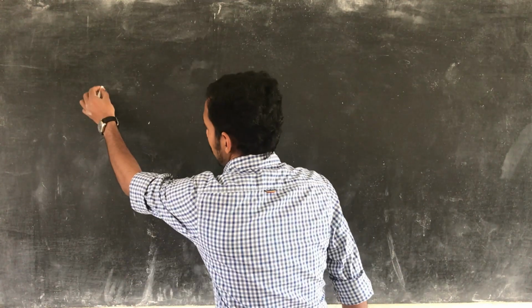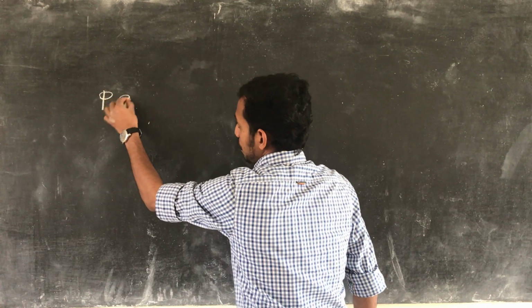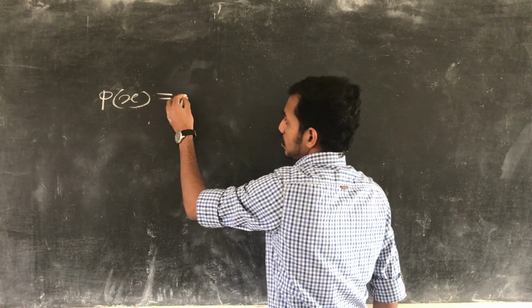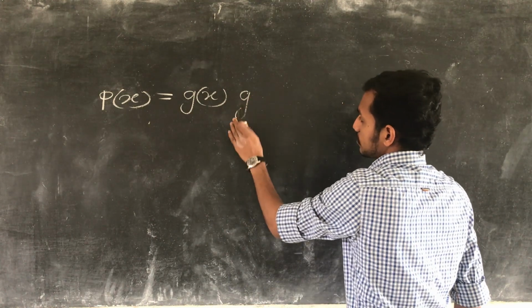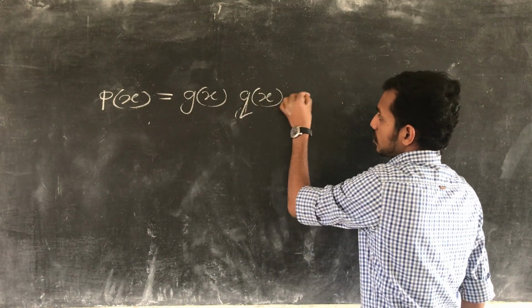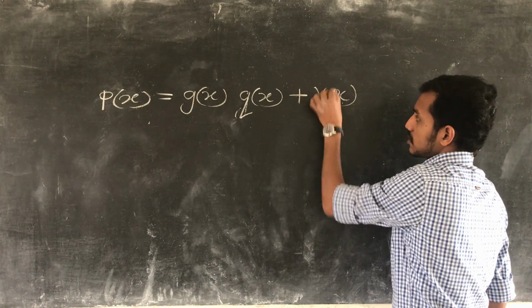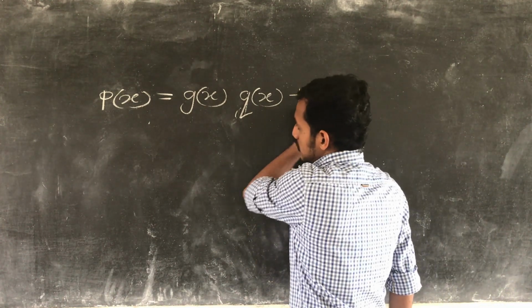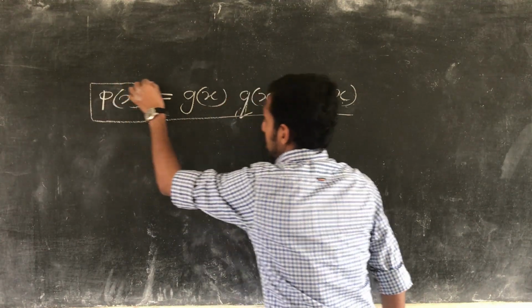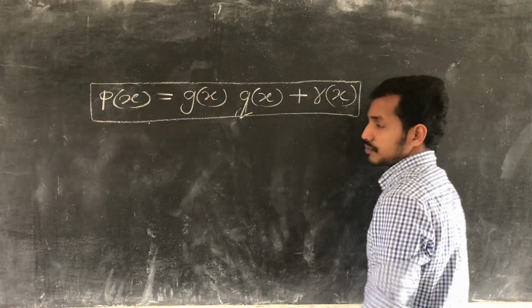According to this division algorithm, p of x is equal to g of x into q of x plus r of x. This is the division algorithm for polynomials.